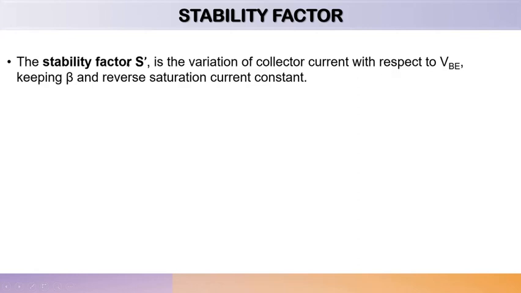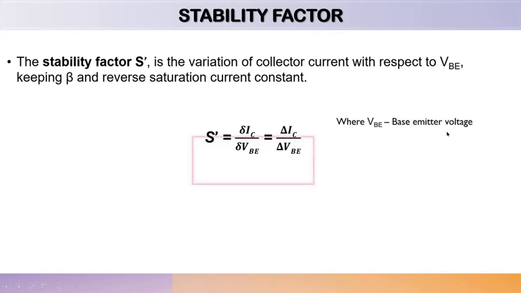So S dash is defined as the variation of collector current with respect to VBE, the base emitter voltage, keeping beta and the reverse saturation current constant. S dash can be expressed as delta IC by delta VBE or dou IC divided by dou VBE, where VBE is the base emitter voltage. So this is the stability factor S dash.